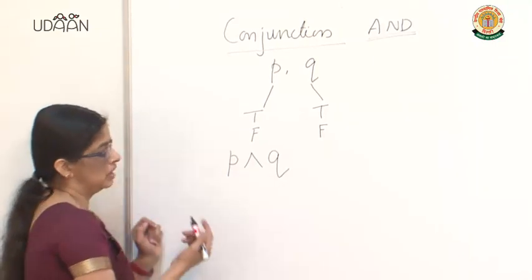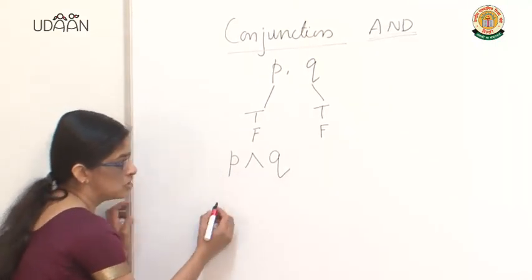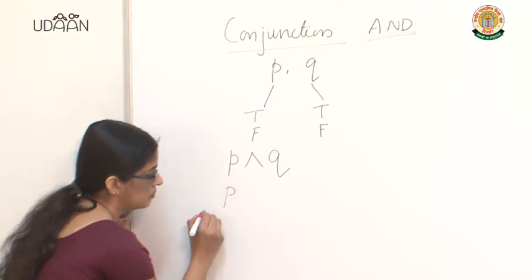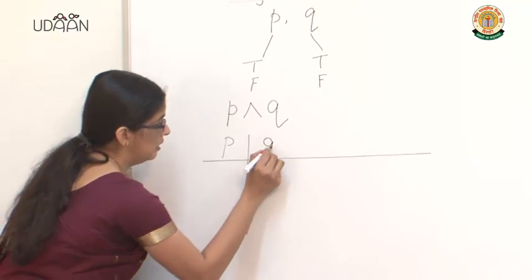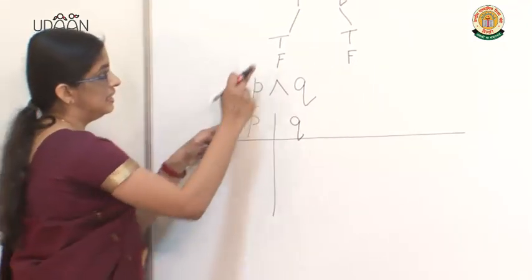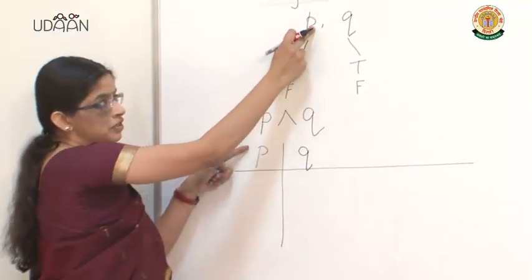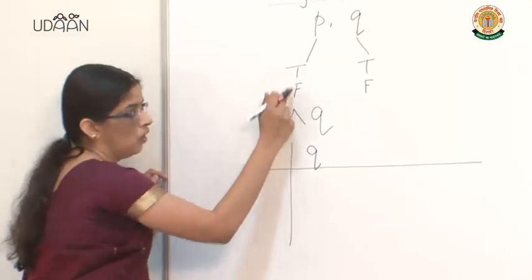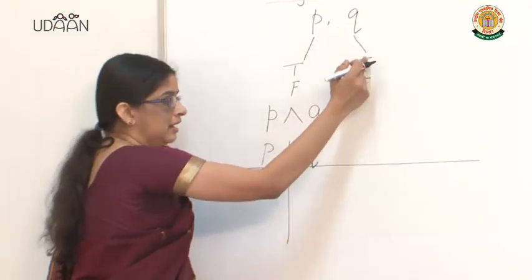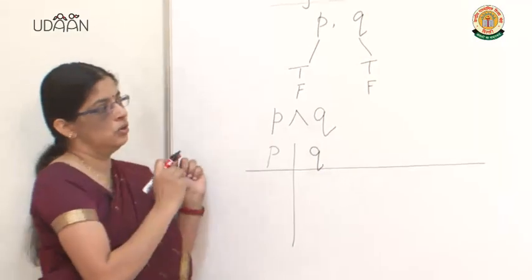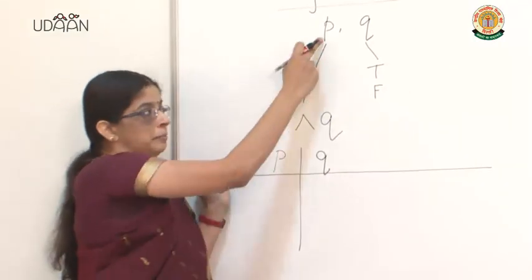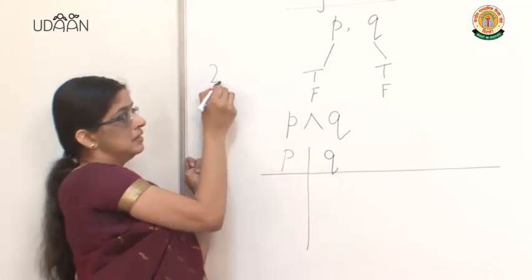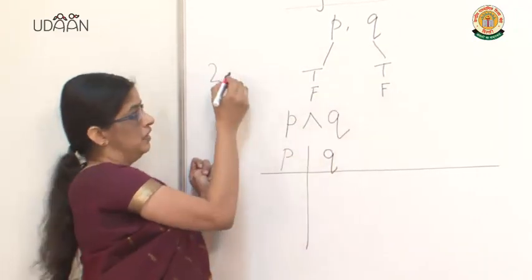Let us make the truth table for this compound statement P and Q. I will make a table with P, statement Q. We have seen the truth values which P can take, true or false, and Q again true or false. Now you tell me, how many rows will there be in the truth table? P can happen in two ways, Q can happen in two ways.